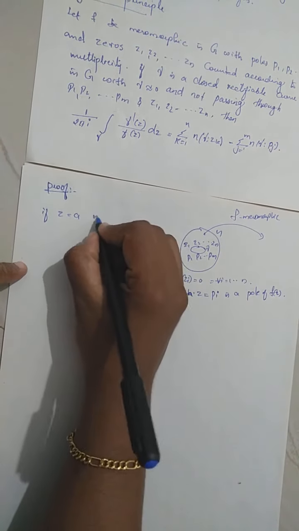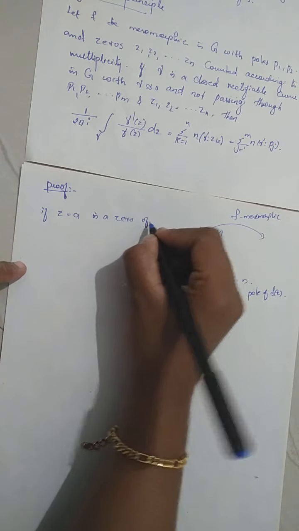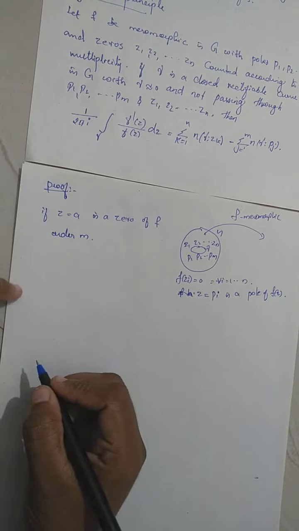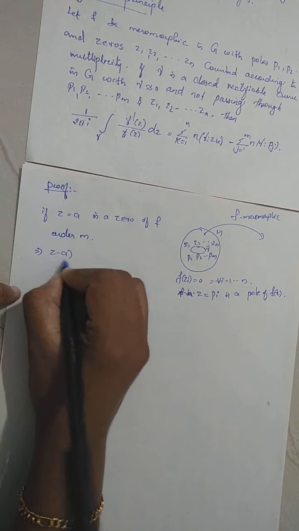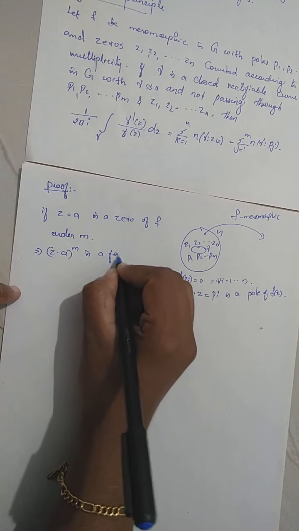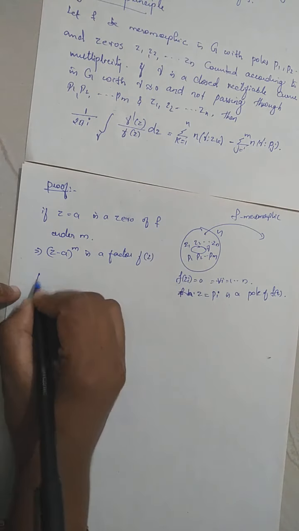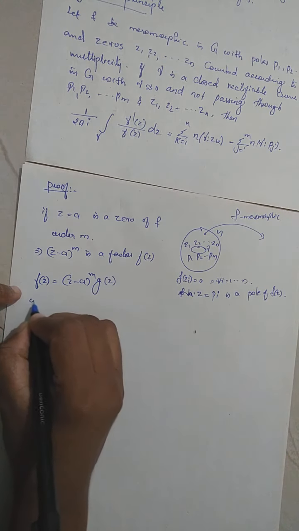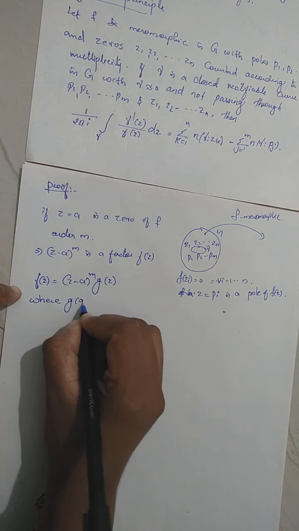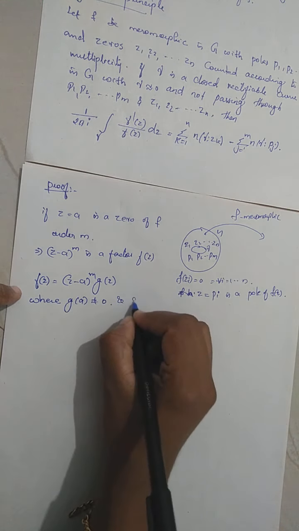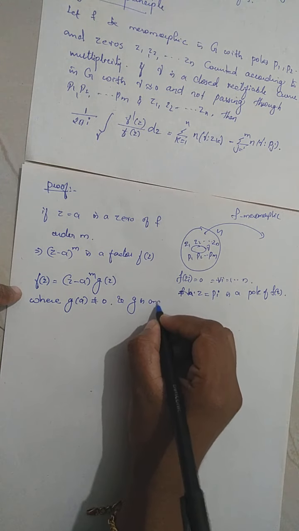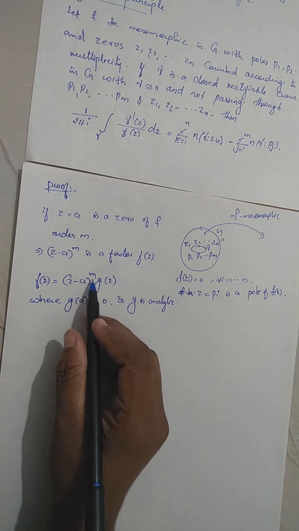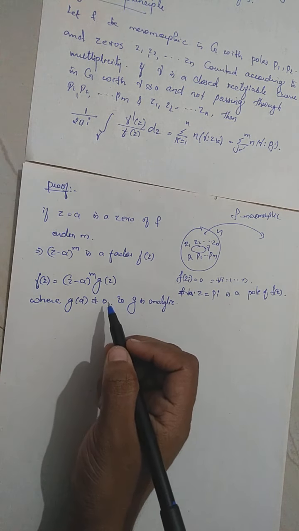If z equal to a is a zero of f of order m, then z minus a raised to m is a factor of f z. Therefore f z can be written as z minus a raised to m into some g z, where g of a is non-zero and g is analytic.